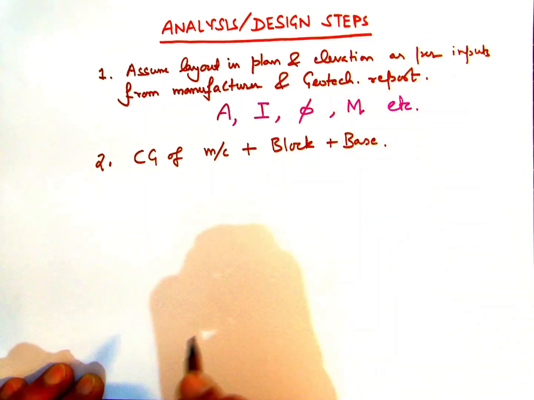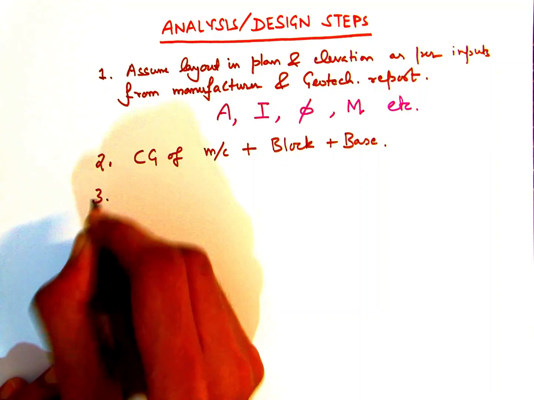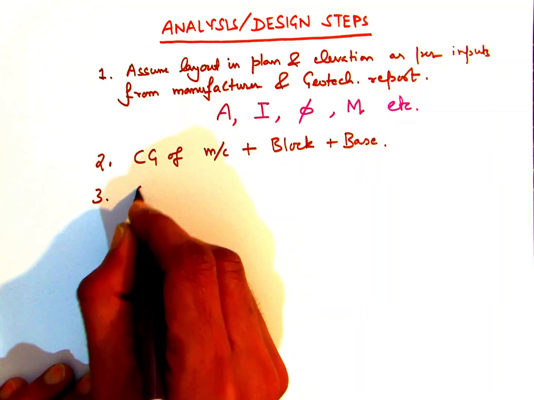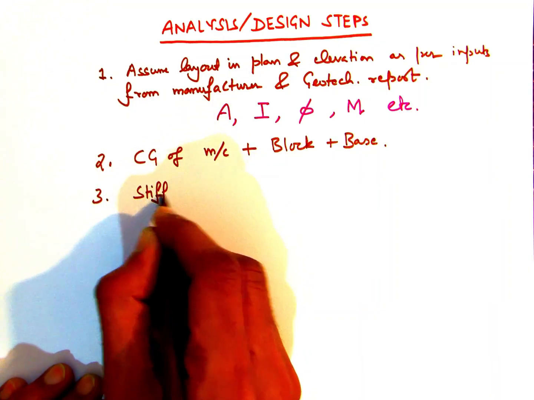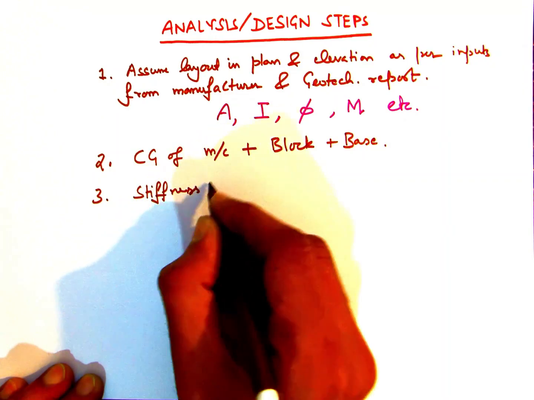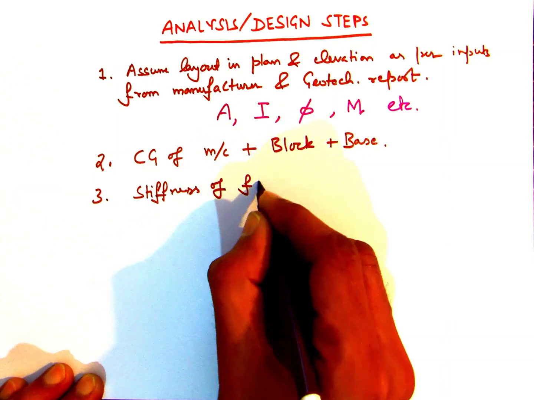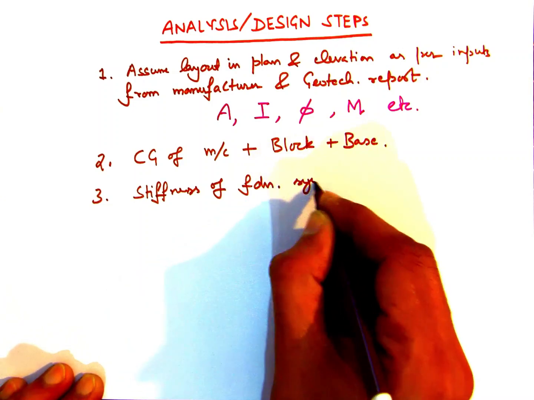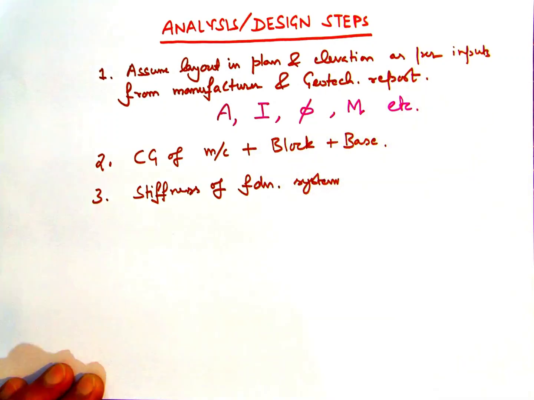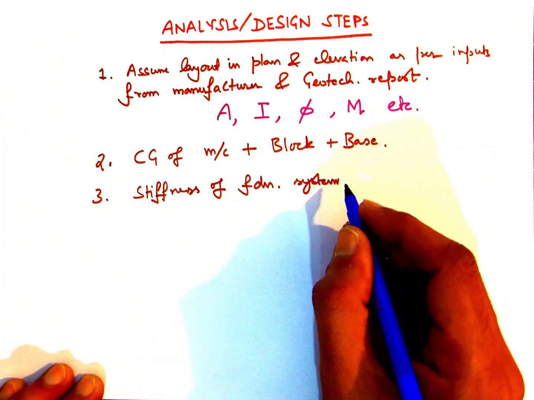It is desirable that all these CGs must lie in one vertical line and should match with the line of action of the force in the vertical direction. A maximum tolerance of 5% is permitted.